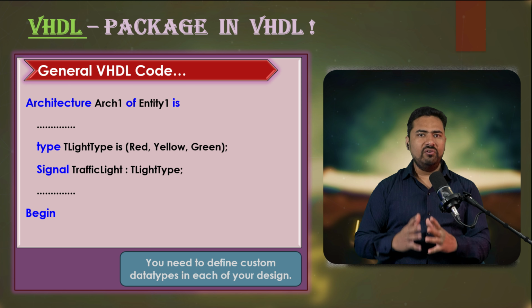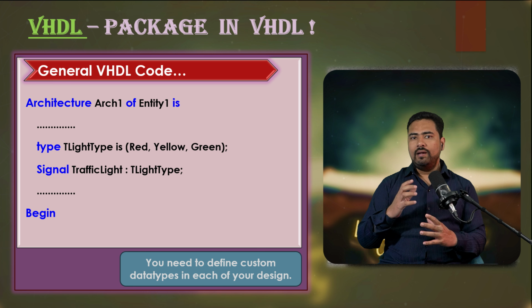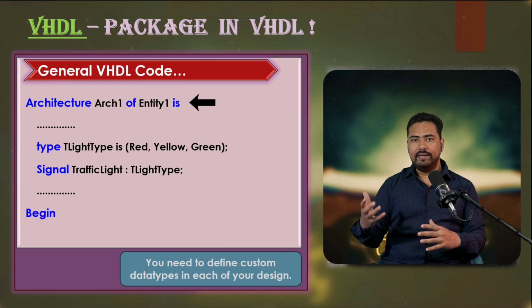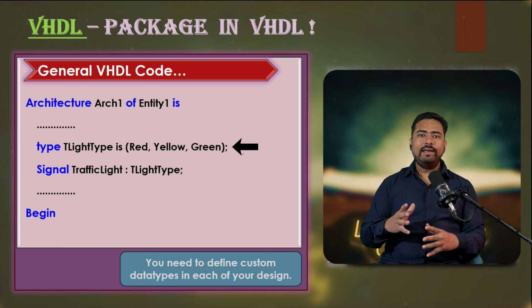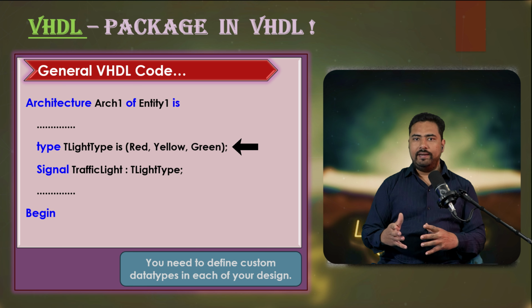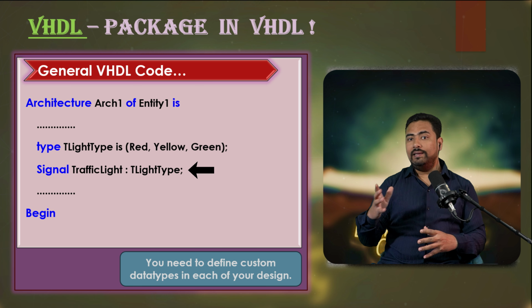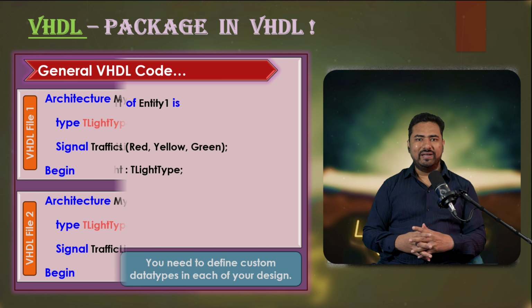So in VHDL, we simply write this as architecture architect1 of entity1 is type T_light_type is (red, yellow, green); signal traffic_light : T_light_type; then begin.